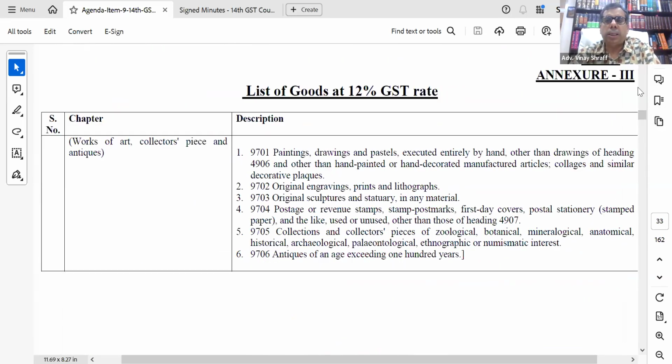So as you can all see, the residual entry was not at all recommended by the GST Council in its 14th GST Council meeting, wherein the rate of tax with respect to various goods and services was discussed in detail on the recommendation of the fitment committee.